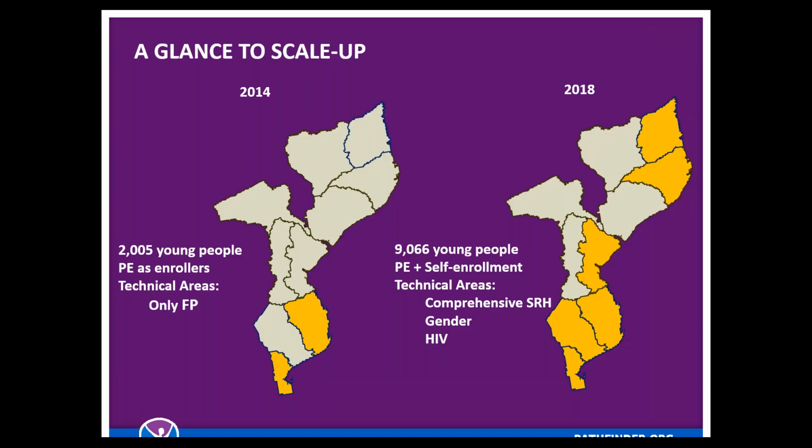How we scaled up. We went from 2 provinces to 7 provinces. So in 2017, mostly in 18, up to now we have 9,066 young people enrolled.